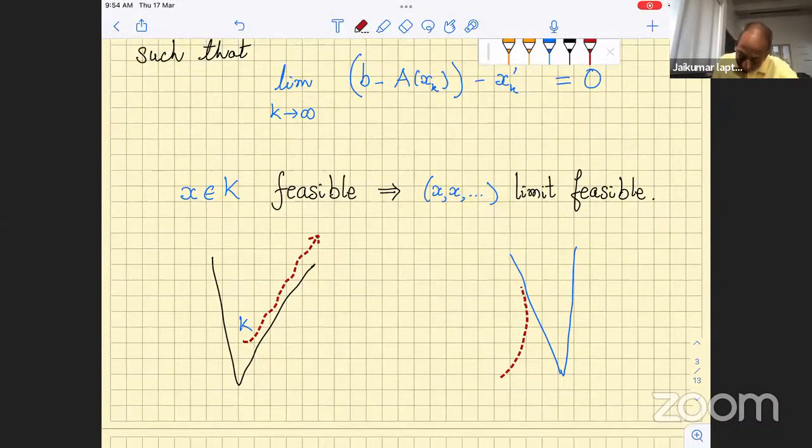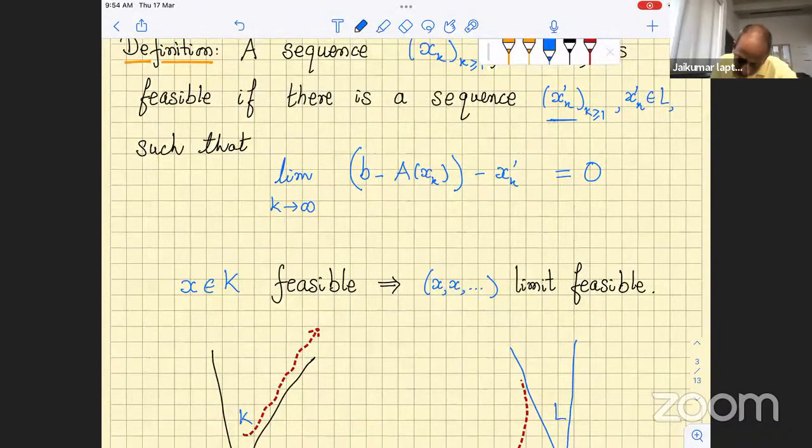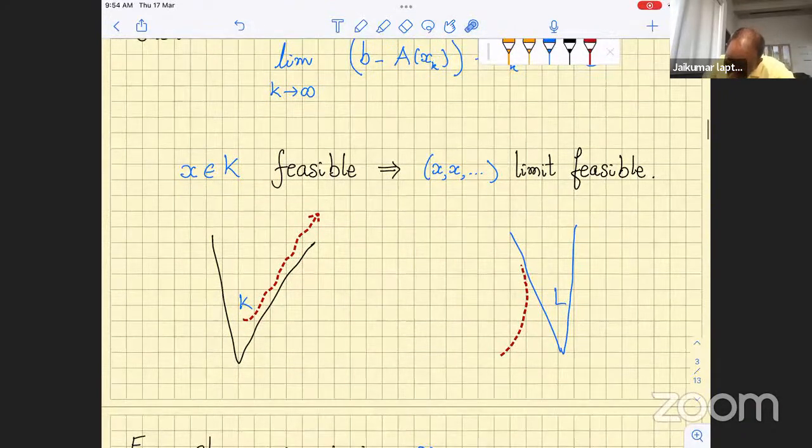And as you can see, what I'm trying to suggest is that these points are approaching L, but we make it more explicit. We say that there are these points xk prime. They are the trackers here.